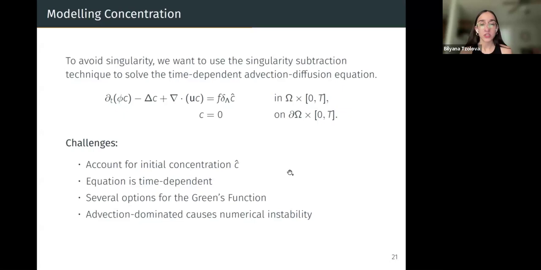We have several options for what we can use for our Green's function because we're no longer using the Laplacian equation. We now have an advection diffusion equation. And in situations where we have an advection dominated problem, we could experience some numerical instabilities. And one more thing to note here, on the boundary we want the concentration to equal 0 because we don't want any chemotherapy to be on the boundary of our liver.